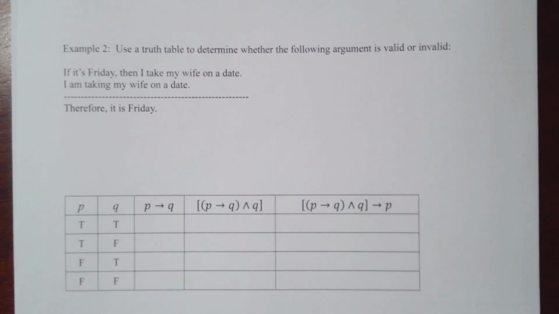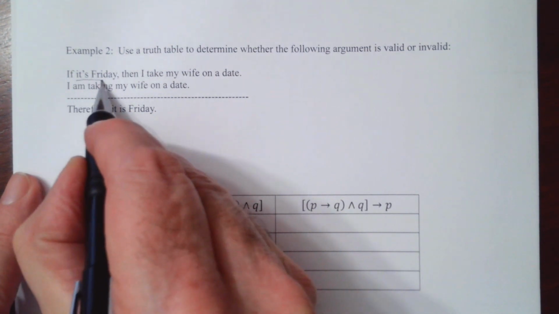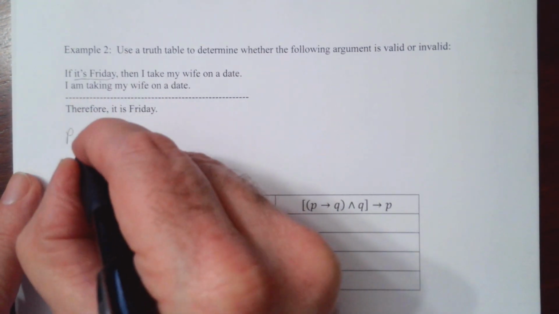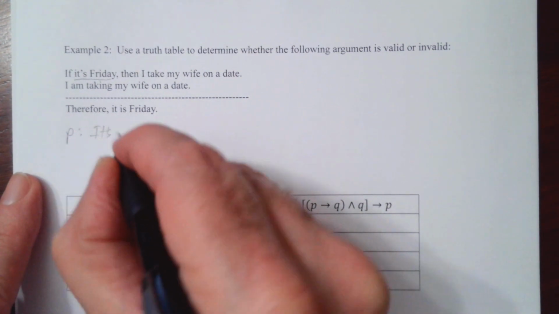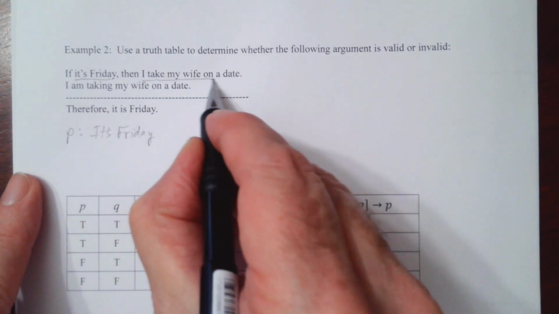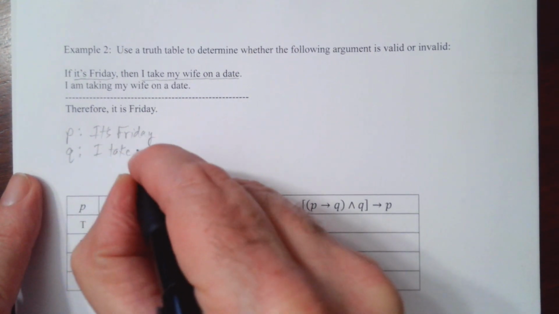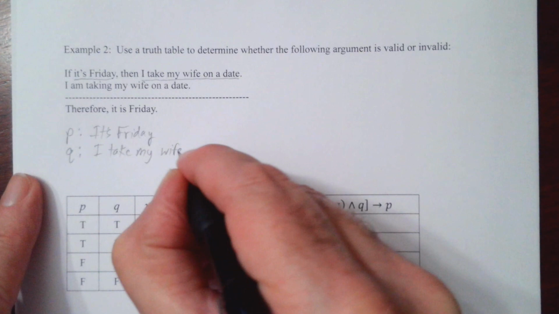So it says, use a truth table to determine whether the following argument is valid or invalid. All right, so let me get set up here. Okay, so let's go ahead. We've got it's Friday. We'll call that statement P. It's Friday. Then I take my wife on a date. So Q, I take my wife on a date.